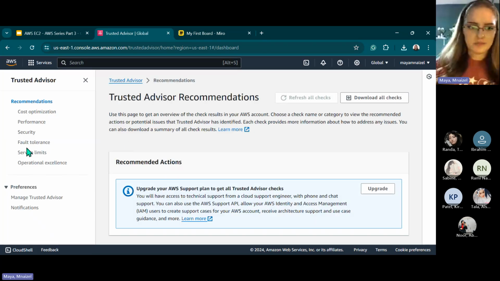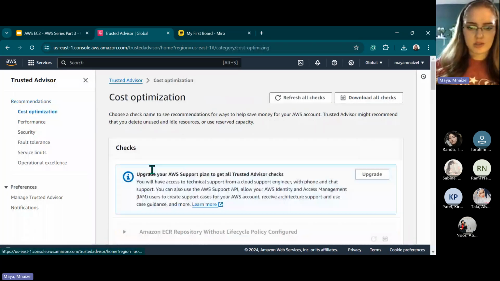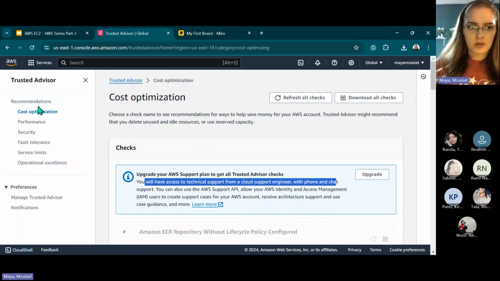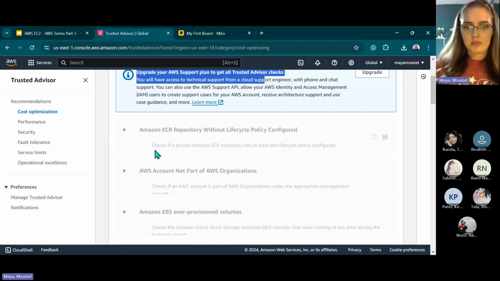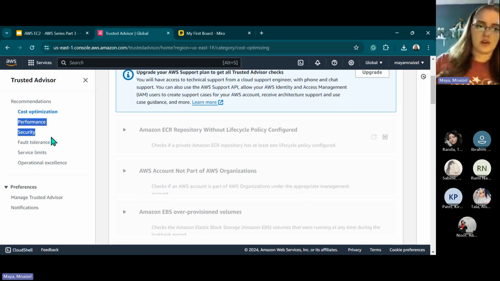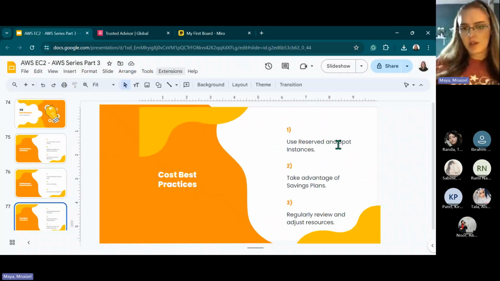Here we have cost optimization. I think I have to upgrade it to see cost optimization. But here you can see a few items that can help us with performance, security, and fault tolerance. These are the pillars of AWS.